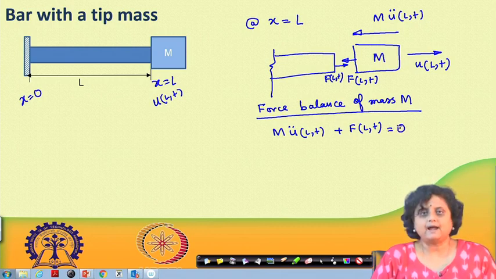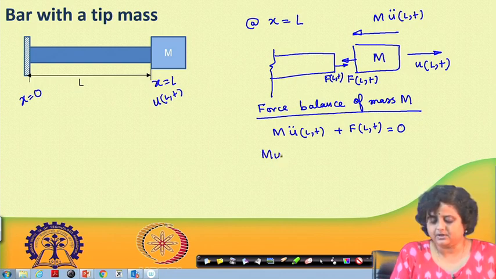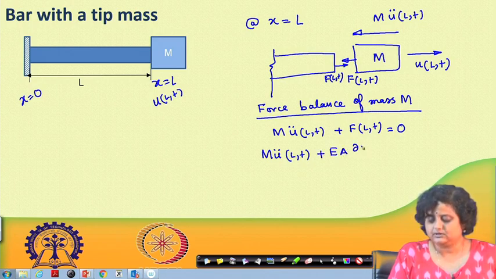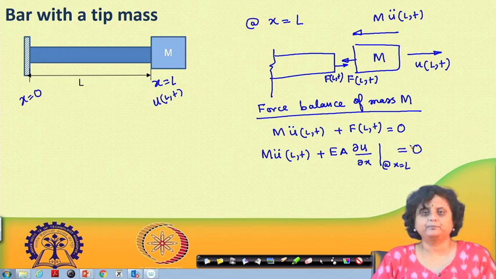Now, I can replace F of L comma t, so M u double dot L comma t plus E A into del u by del x at x equal to L is equal to 0.